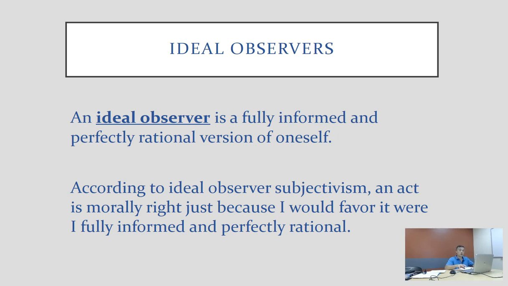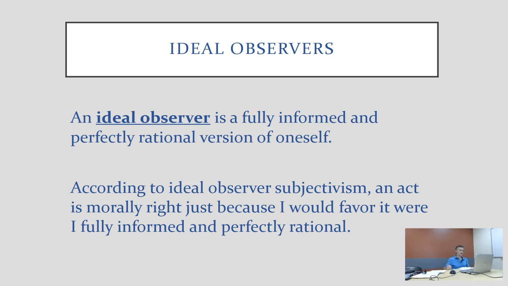So what we're going to do to solve that is not talk about the real observers. We're going to talk about an ideal observer, somebody who is a fully informed and perfectly rational version of yourself. There's a condition placed on the moral rightness or wrongness of a given action. That is, if I am fully informed and perfectly rational, then I would favor an act.